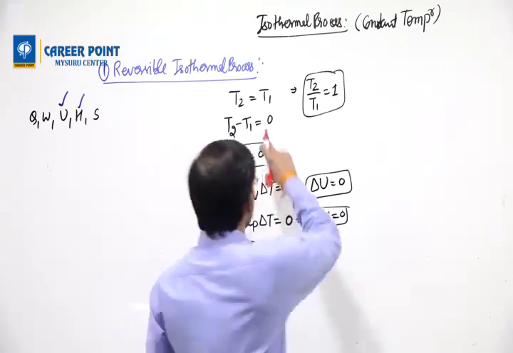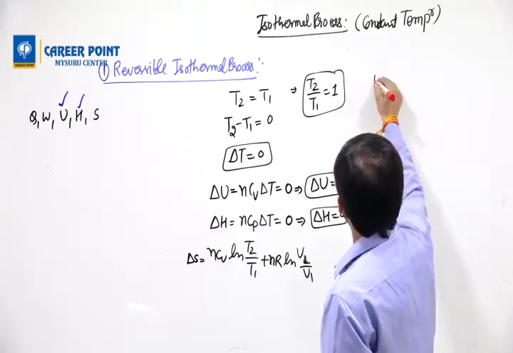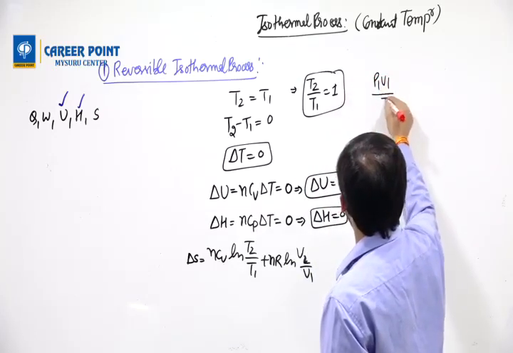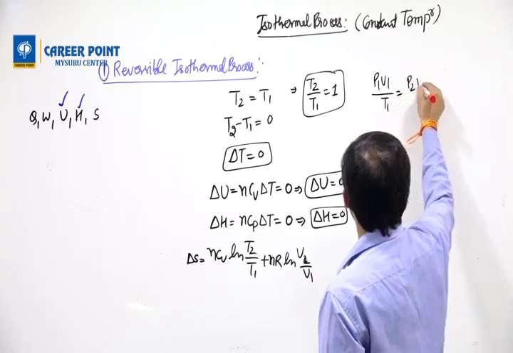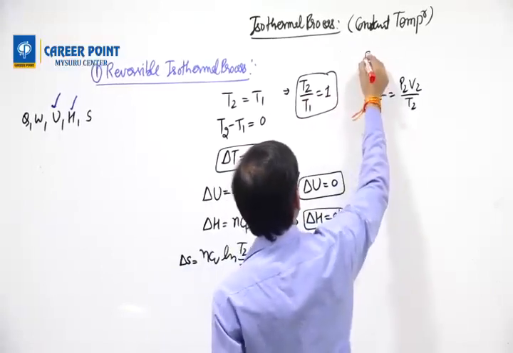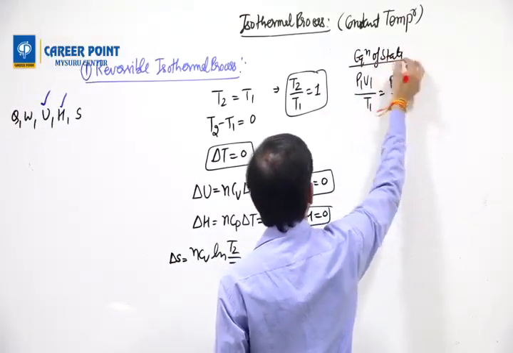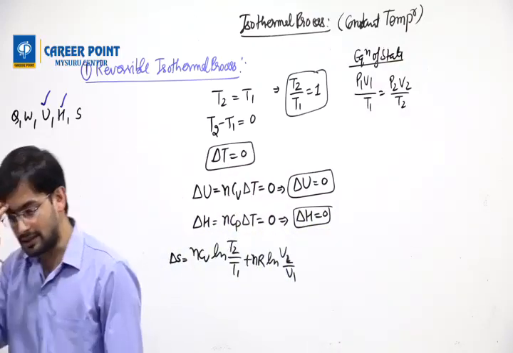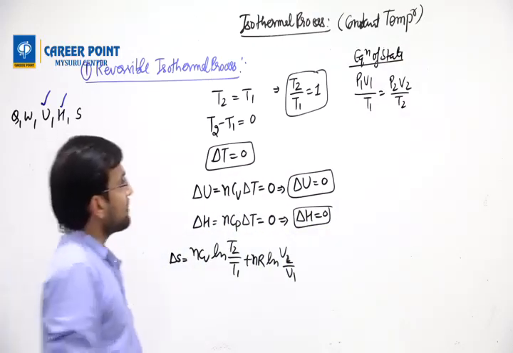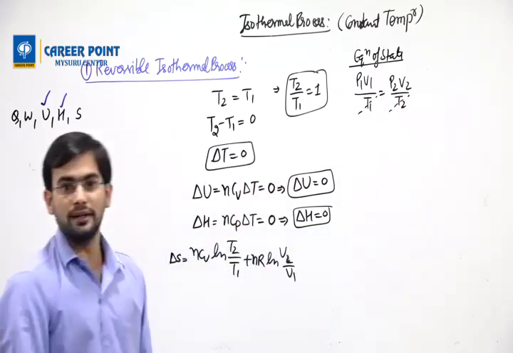So if you apply the equation of state here, what is the equation of state? The equation of state is P1 V1 by T1 equals P2 V2 by T2. This is known as the equation of state. This is derived from the gaseous state. Now T1 and T2 will get cancelled.